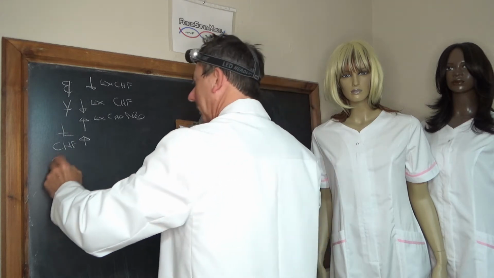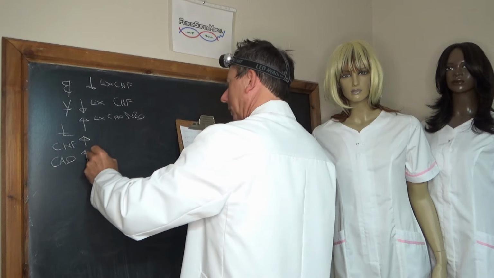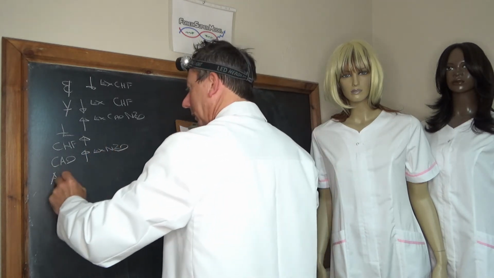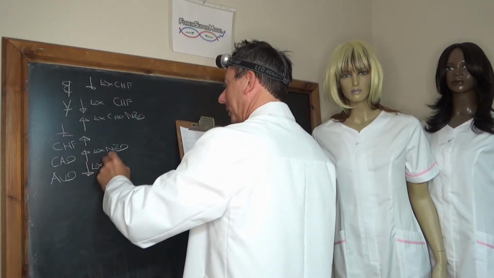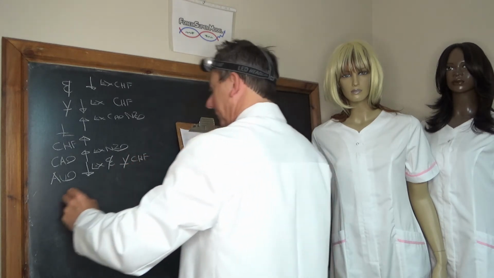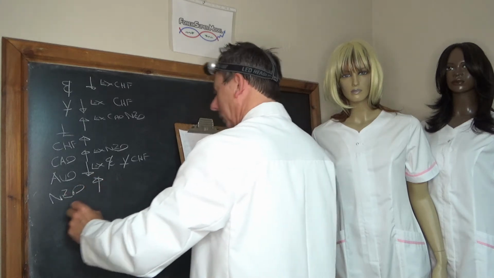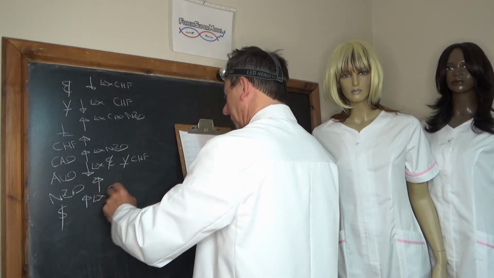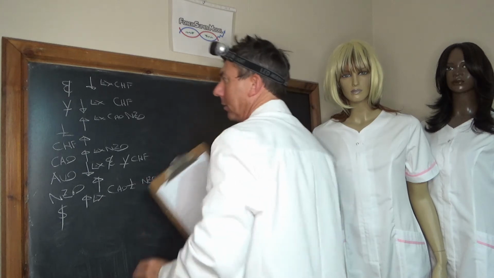The CAD is strong except against the NZD. The AUD is weak except against the euro, the yen and the Swiss. The NZD is strong across the board, and the dollar is strong except against the CAD, the pound and the NZD.